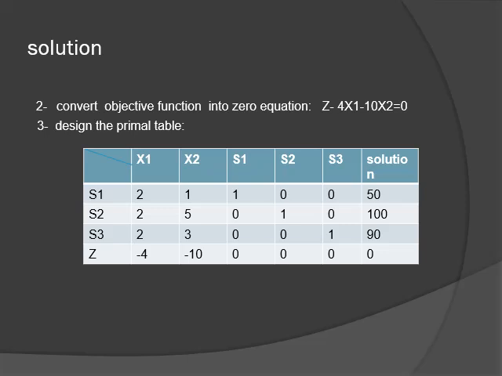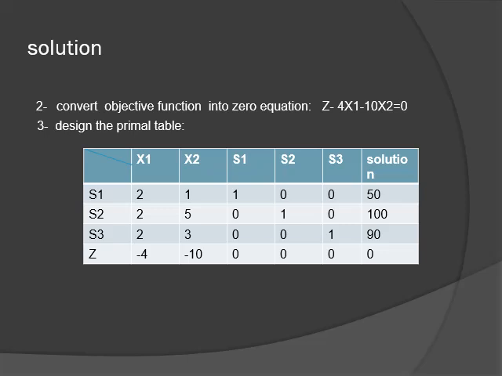So here we converted the objective function to zero equation. Z minus 4x1 minus 10x2 equal 0. It was Z equal 4x1 plus 10x2.